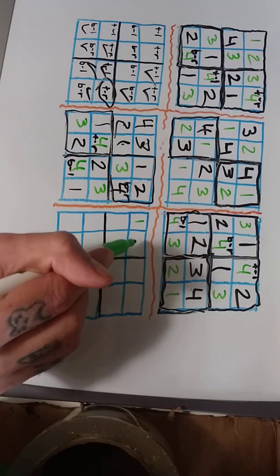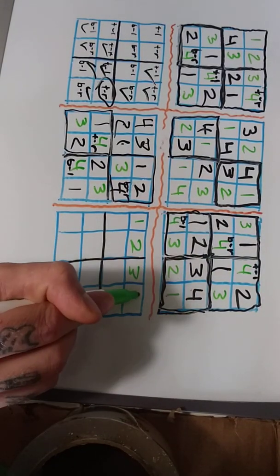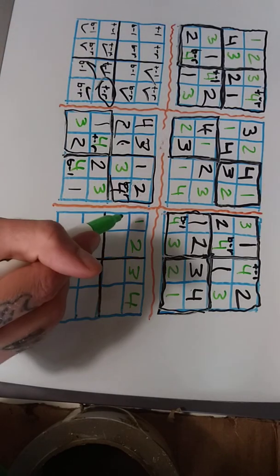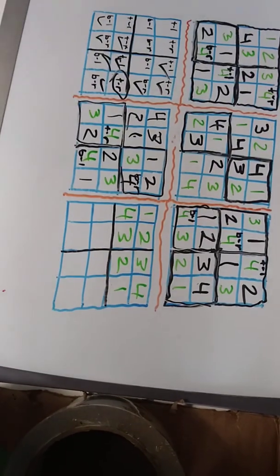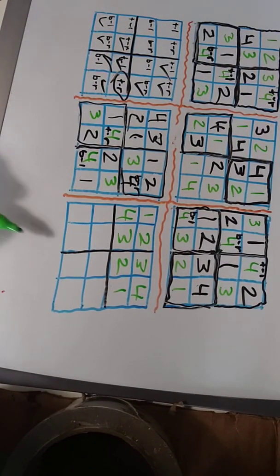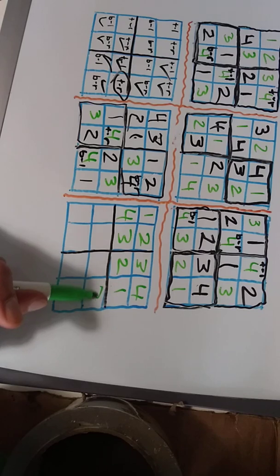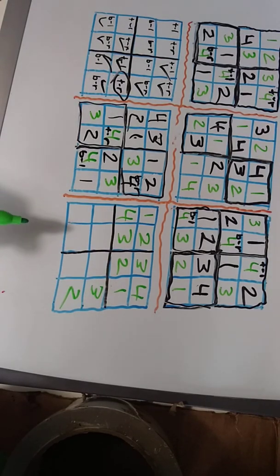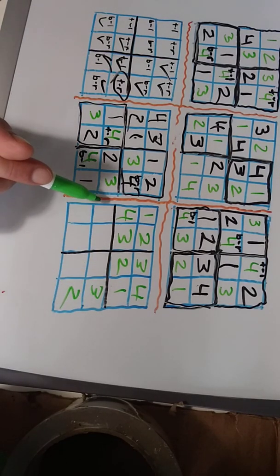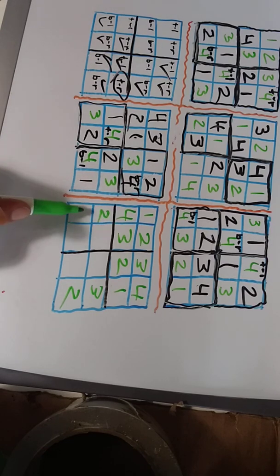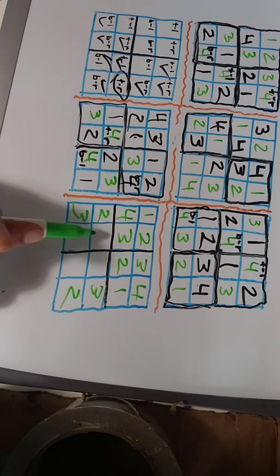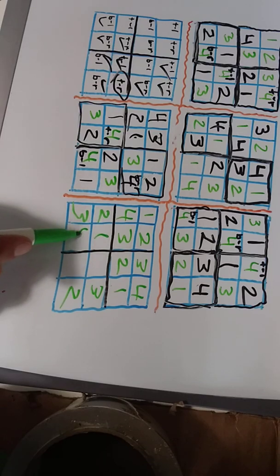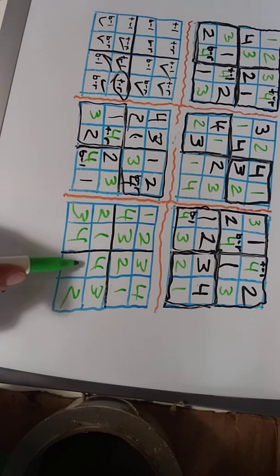So 1, 2, 3, 4, then backwards 4, 3, 2, 1, then 1, 4, 3, 2, and this would have to be opposite, so 2, 3, and then we need a 1 and a 4, so 1, 4, 4, 1.